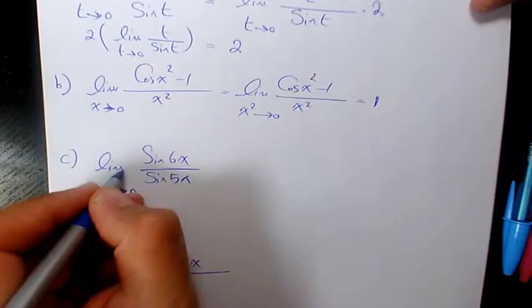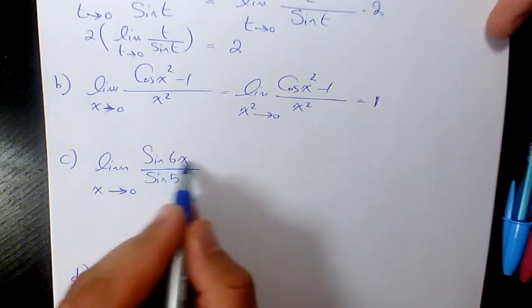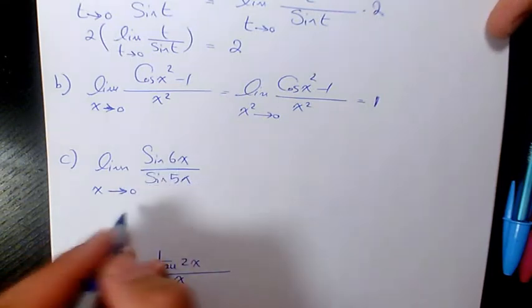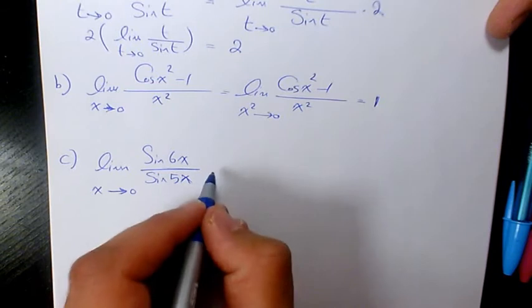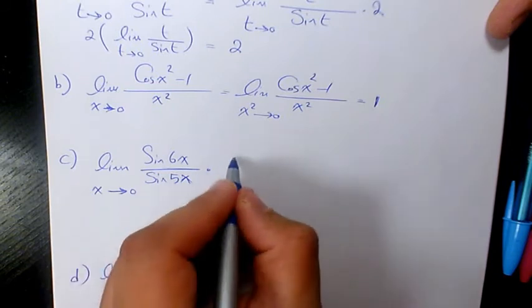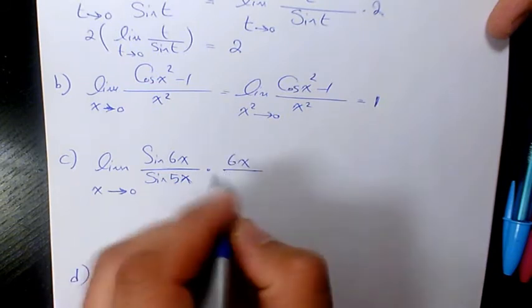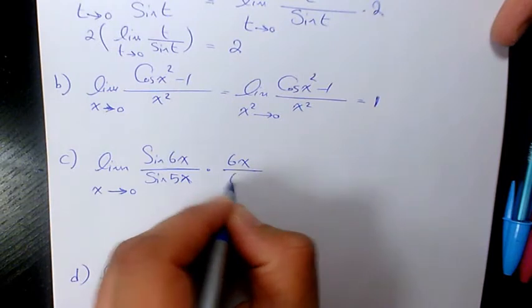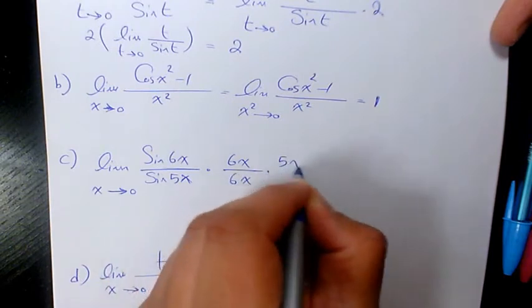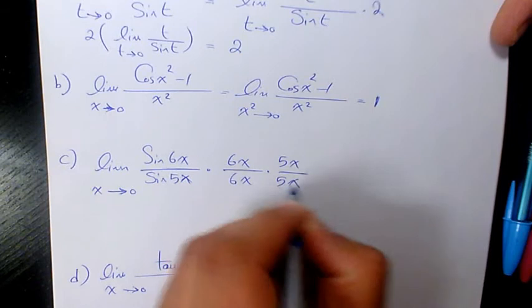Next one, the limit of sine 6x over sine 5x when x is approaching 0. So what I'm going to do, I'm going to multiply both of them by 6x over 6x times 5x over 5x.